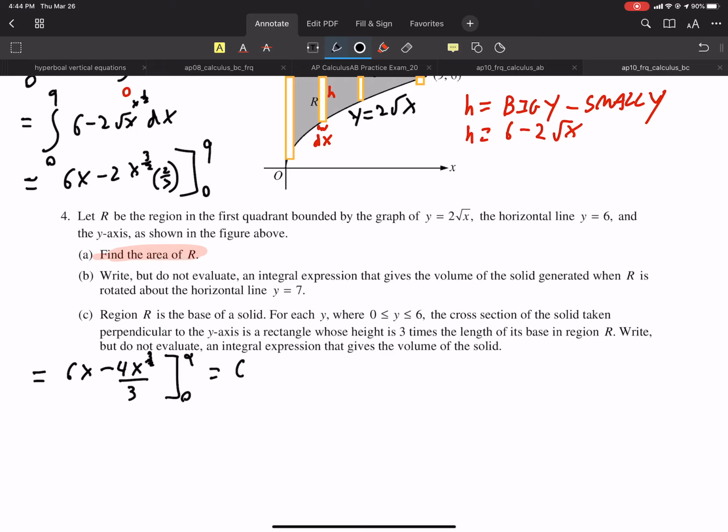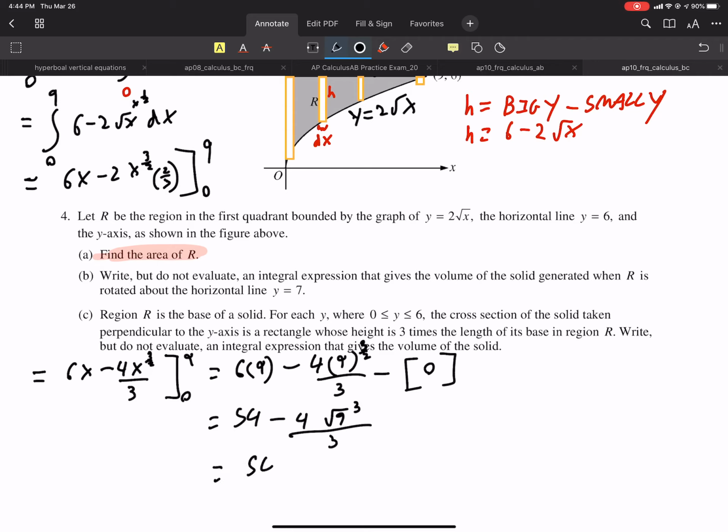Plug in 9 first. And when we plug in 0, it's all just going to be 0. So we get 54 minus... here, we're going to do the square root first, then cube it. The square root of 9 is 3. 3 cubed is 27.